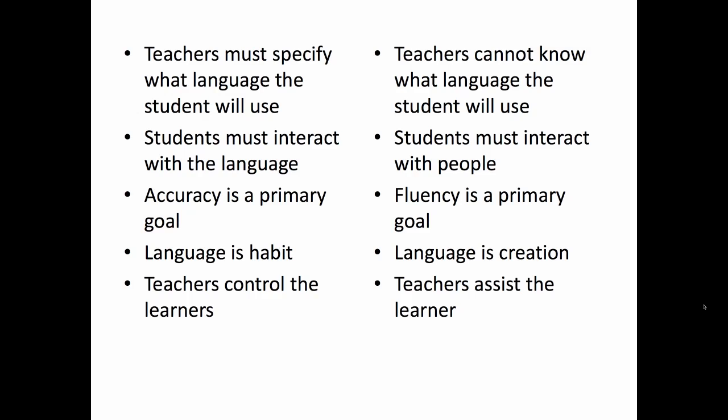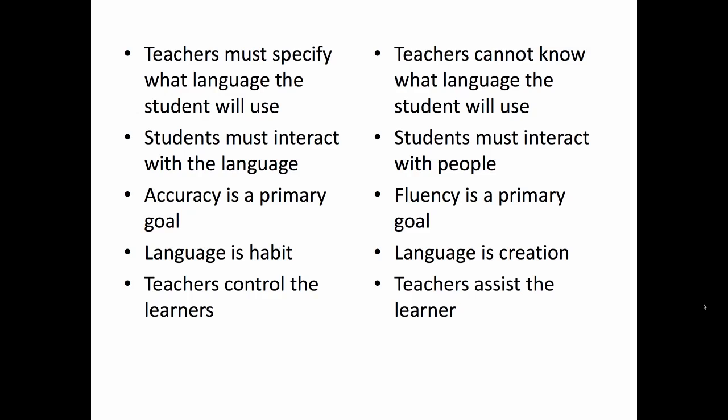On the behaviorist side again, the audiolingual side, students must interact with the language. On the other hand, students must interact with people on the communicative side. In audiolingual, accuracy is a primary goal. Get it right. On the other hand, in communicative, fluency is a primary goal. Fluency. Language is habit according to the audiolingual method, whereas language is creation in communicative language teaching.